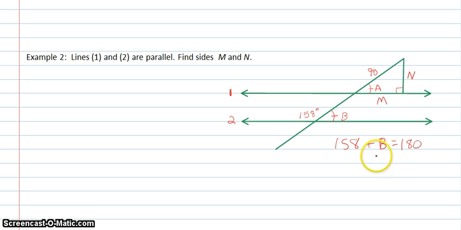So to find B, I just need to subtract the 158 to move it to the other side. So B is 22 degrees. And since B and A are corresponding angles, A is also 22 degrees.